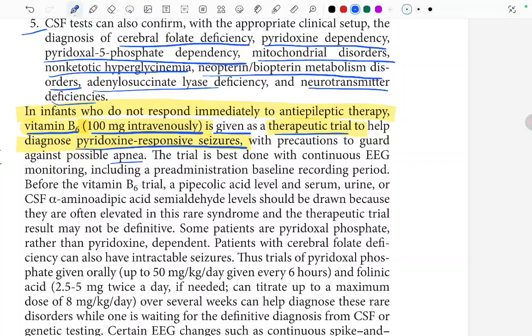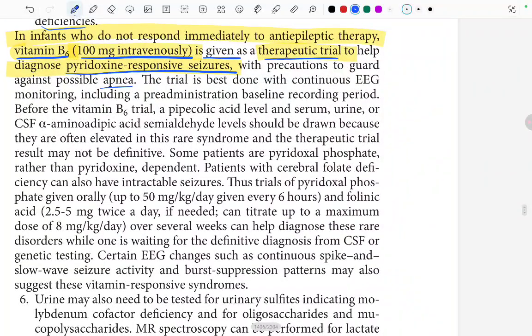The trial is best done with continuous EEG monitoring, including a pre-administration baseline recording period. Before the vitamin B6 trial, pipecolic acid level in the serum, urine, or CSF and alpha aminoadipic acid semialdehyde level should be drawn, because they are often elevated in this rare syndrome, and the therapeutic trial result may not be definitive.